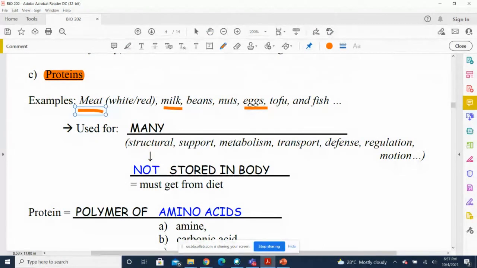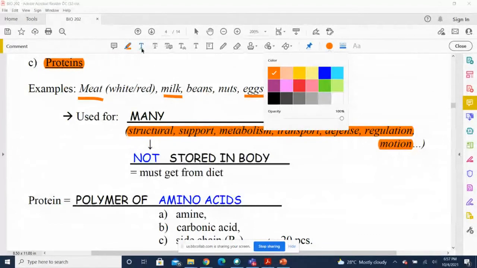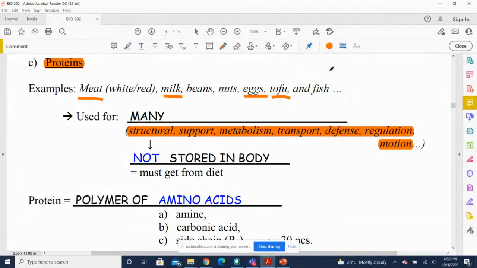We use proteins for many, many purposes. Probably the most important use, if we can say that something's more important than another, is structural protein. Structural protein is what we use to build muscles, for example.